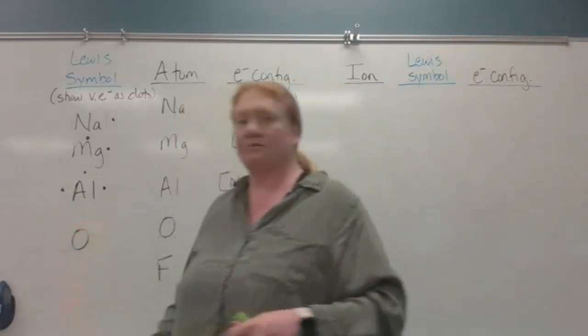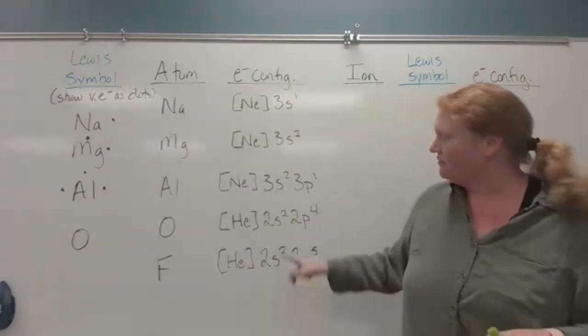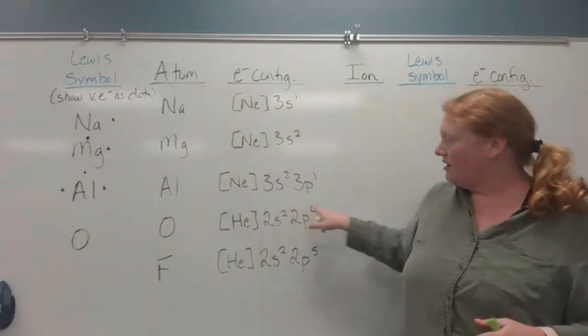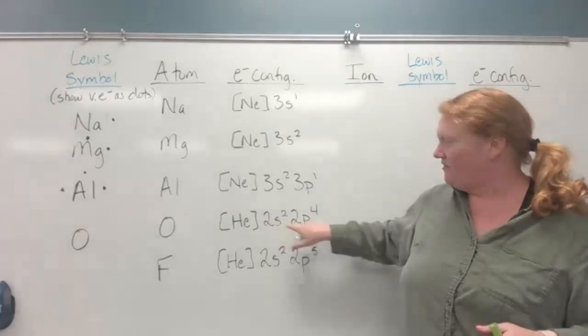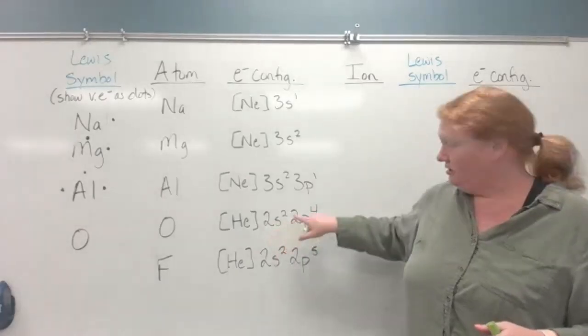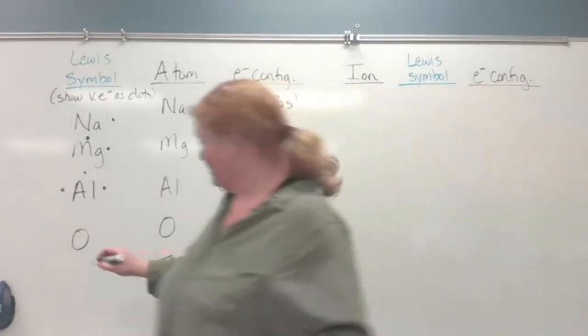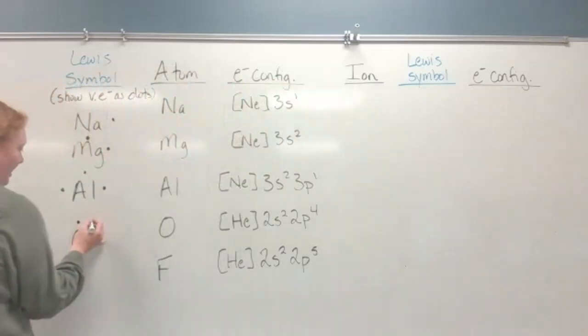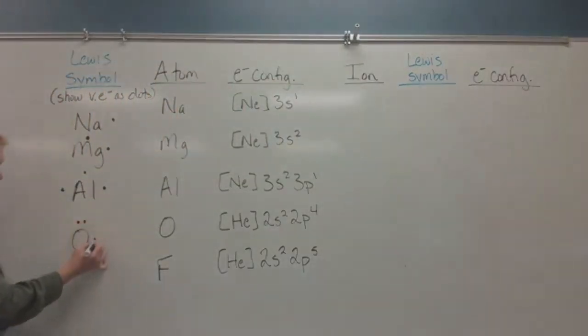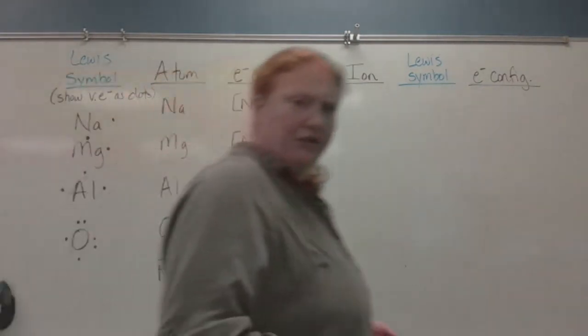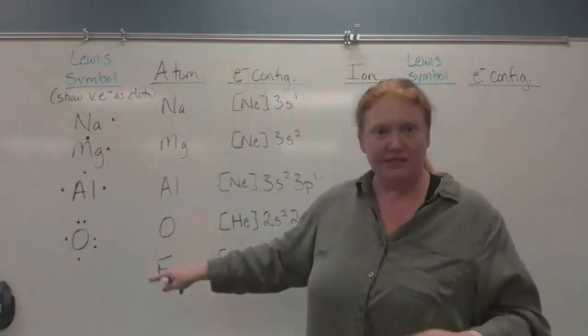Oxygen, let's think. How many valence electrons does oxygen have? We look at all the electrons in the highest n value shell. 2 plus 4 is 6 valence electrons. Again, this is in group 6A, so I should have been able to tell that without even looking at the configuration. Okay, 6 dots.